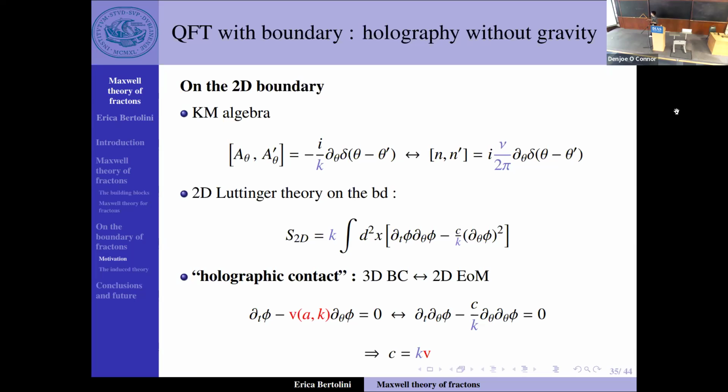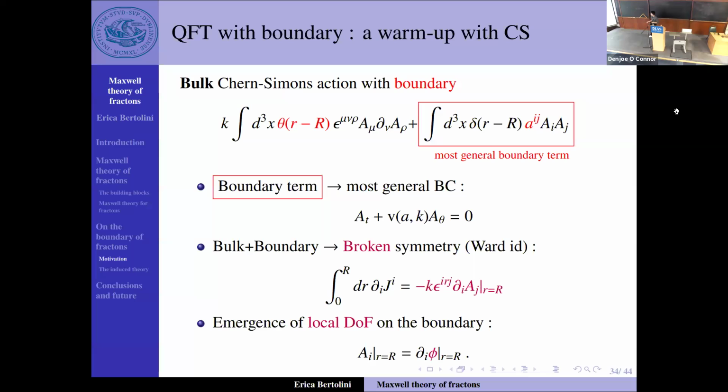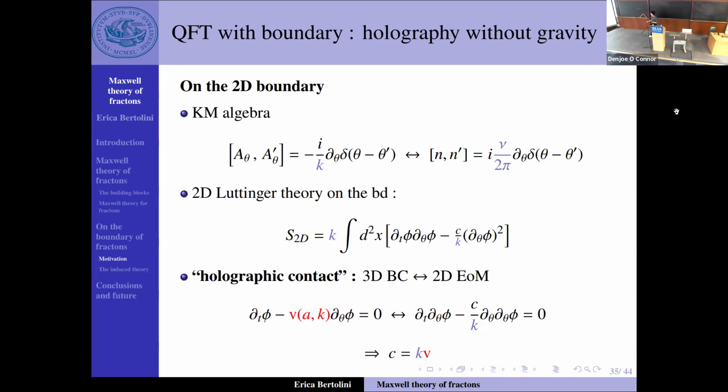From these ingredients, one can find the two-dimensional action, invariant under the transformation which is simply the shift symmetry of the scalar field. Looking at the Kac-Moody algebra as some kind of canonical commutation relation, the two-dimensional theory is the Luttinger model, so we're talking about chiral movers.